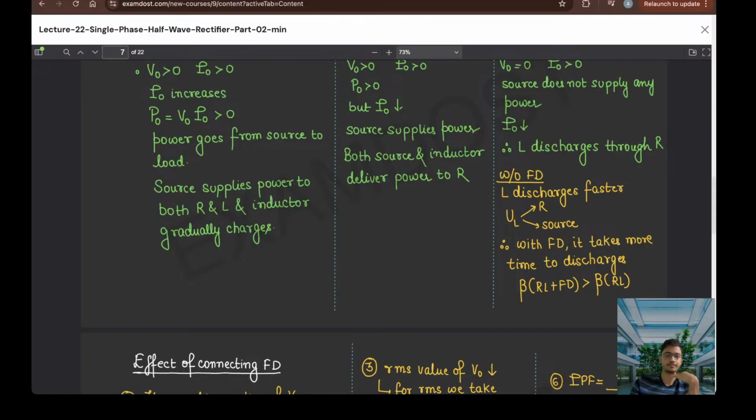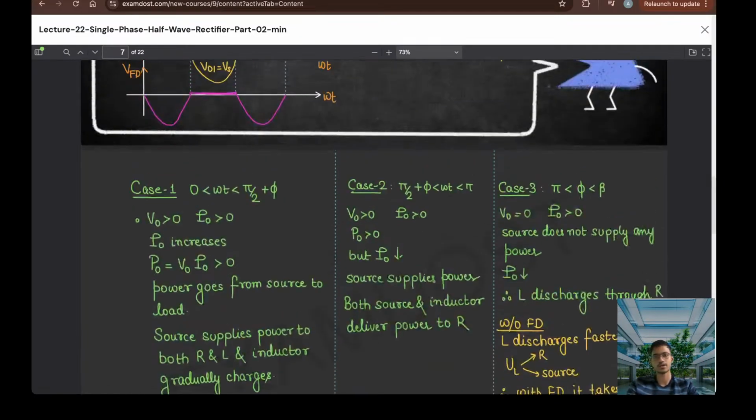So the discharging of the inductor is faster without any freewheeling diode.